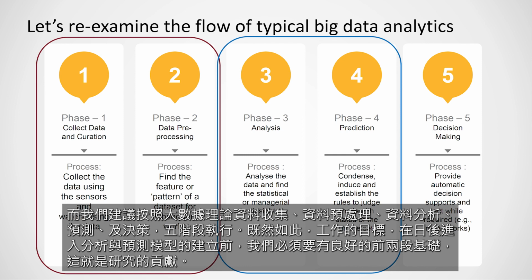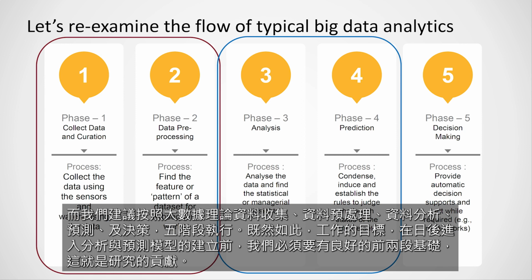And normally, phase 3 is analysis. We can use, for example, statistical methods or some other method to analyze the data. And the fourth step is prediction. Sometimes we have machine learning based predictions, and sometimes we have something like time series analysis predictions.